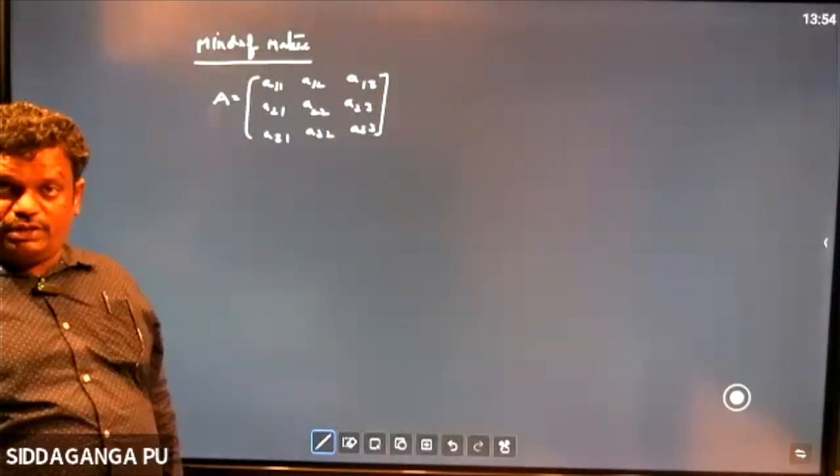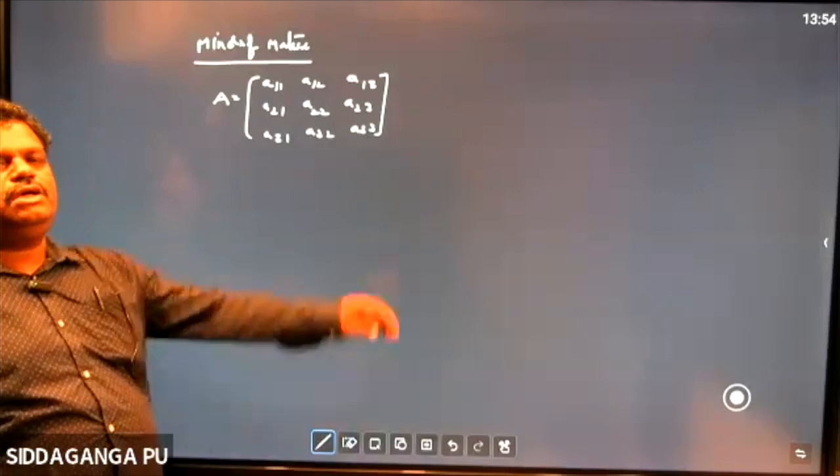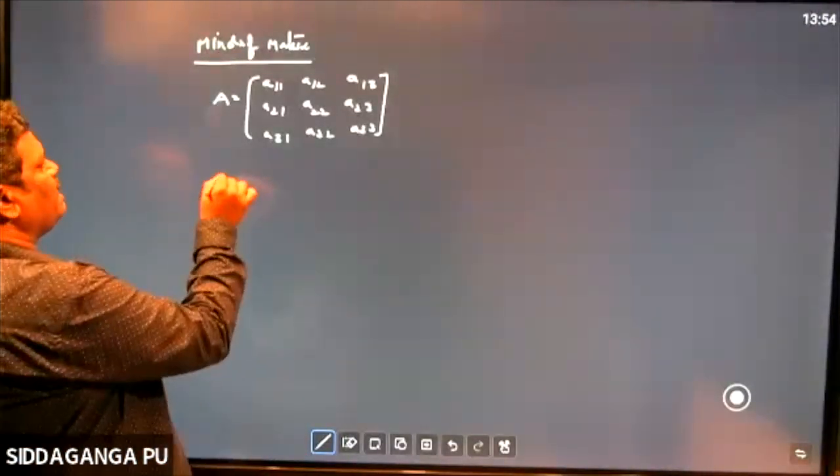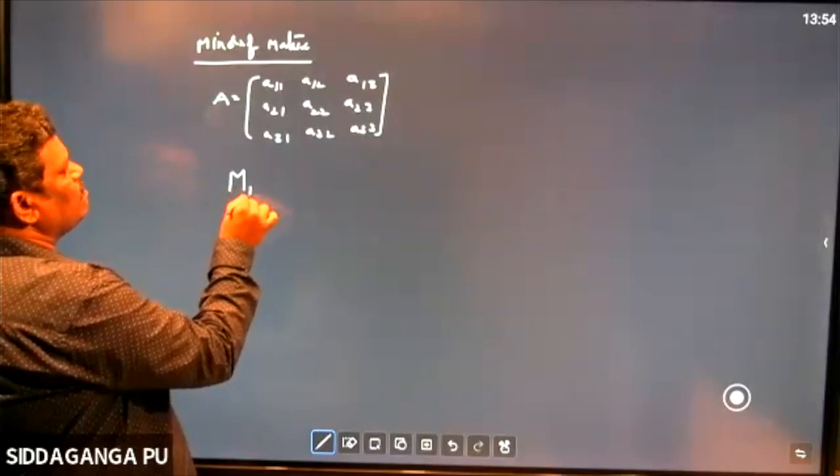Now we can find the minors of the elements in the given matrix. The minor can be represented with M11.